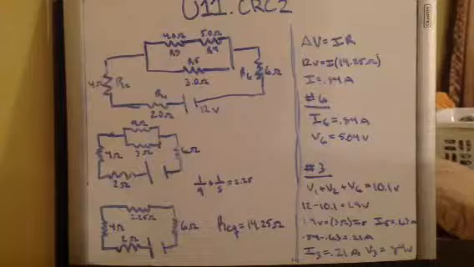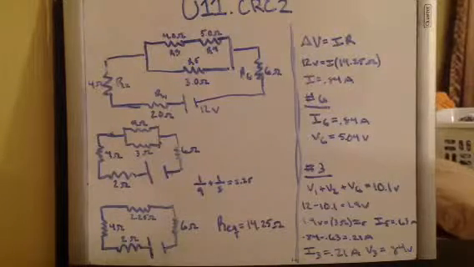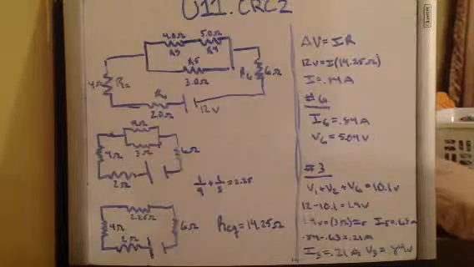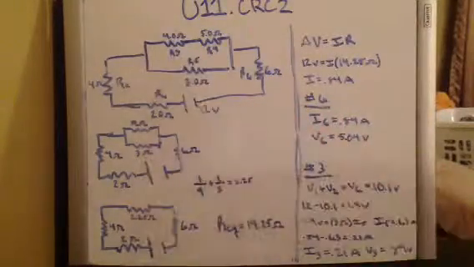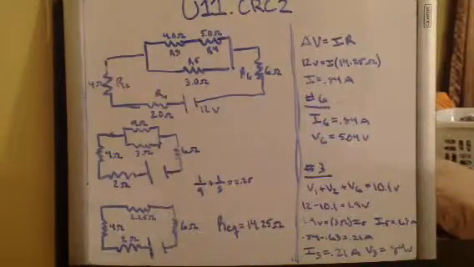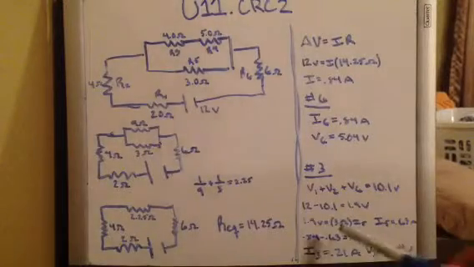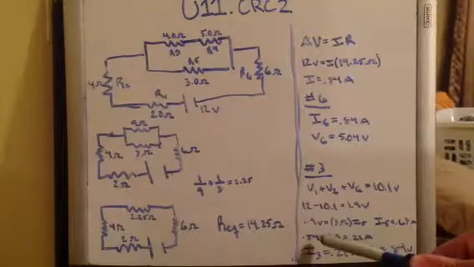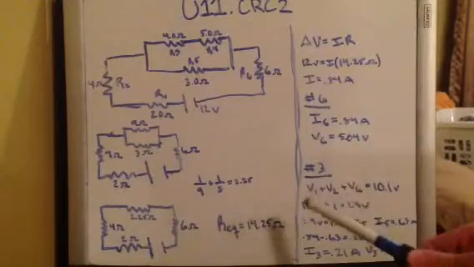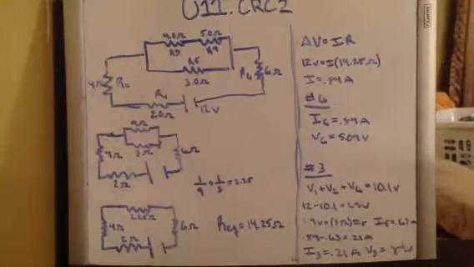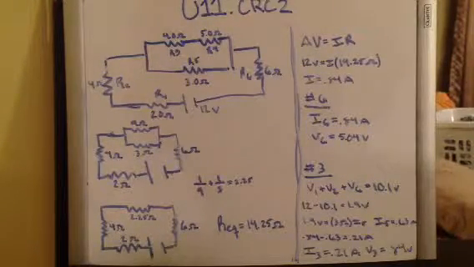So we use the 1.9 volts to find the current in R5. The current in R5 will equal 1.9 volts divided by 3 ohms. And that gives us 0.63 amperes.